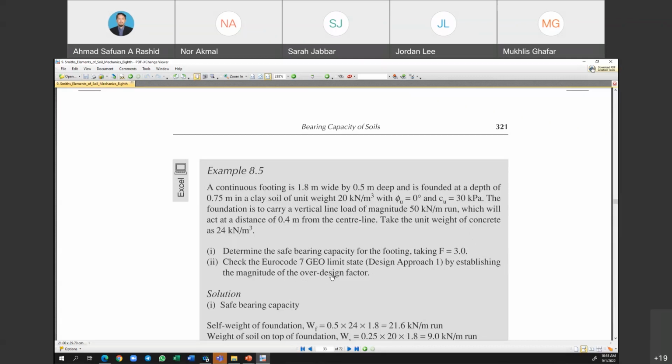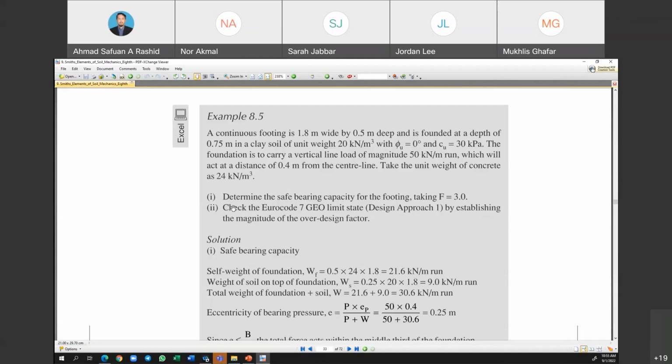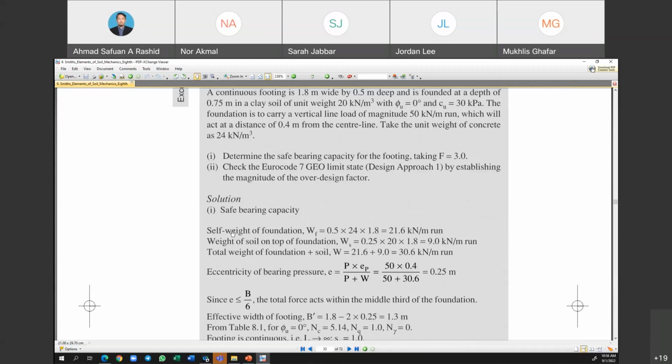So now we look at this example. For the first one, determine the safe bearing capacity for the footing.